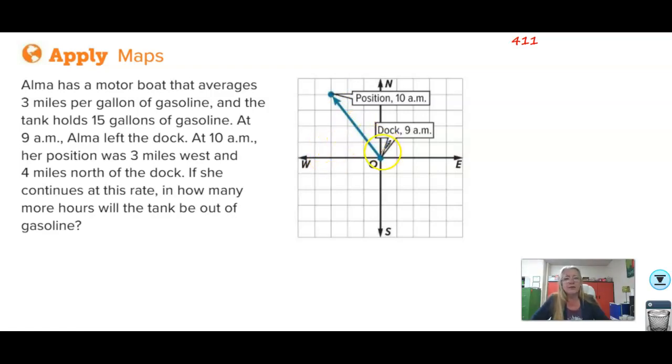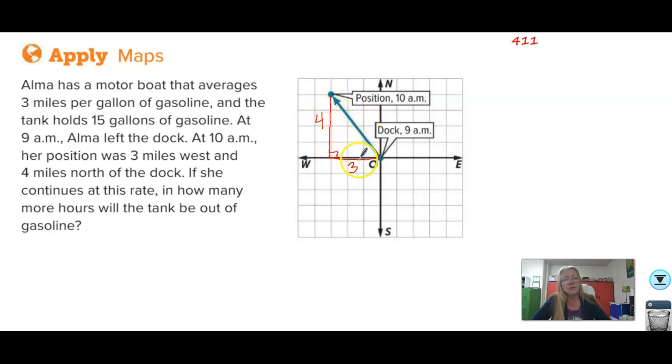Okay, well, we need to know how far she's gone. So what we're going to do is use our Pythagorean theorem to figure out how far she's gone. We can turn this into a right triangle. This side is 3 long, 3 boxes, say 1 box, 2 box, 3 box. This side is 1, 2, 3, 4 boxes long.